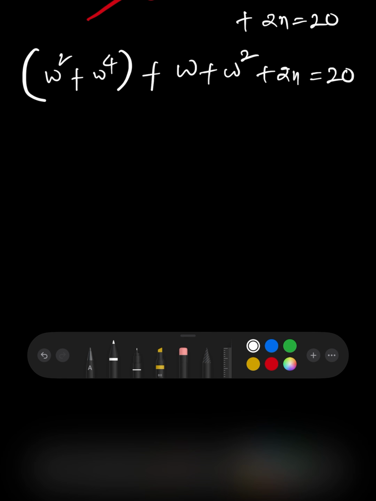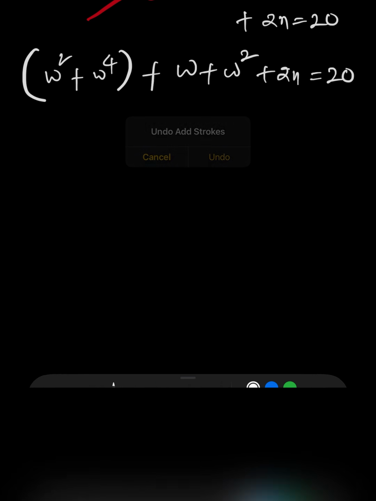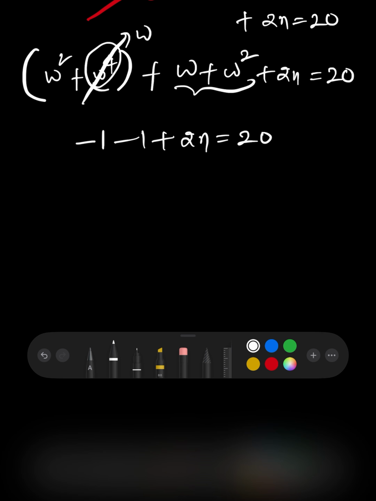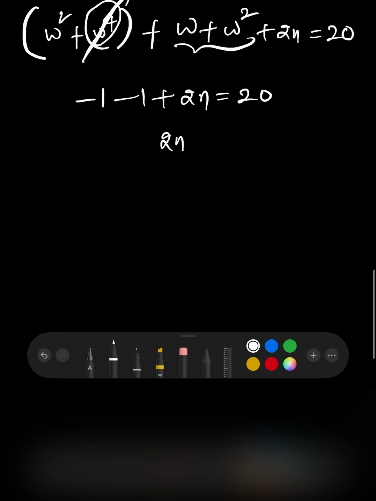And we know that omega cube is nothing but 1, omega power 4 is nothing but omega. So omega square plus omega is nothing but minus 1. Here also minus 1, plus 2n equals 20. So clearly 2n equals 22, n equals 11.